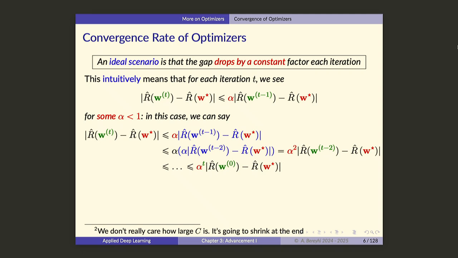You started with one big gap, maybe. Next time you get alpha times smaller. The second iteration, you get alpha squared, alpha cubed, and so on. You went down. So in iteration t, you are at alpha to the power t, and you can see that it doesn't matter what this alpha is.